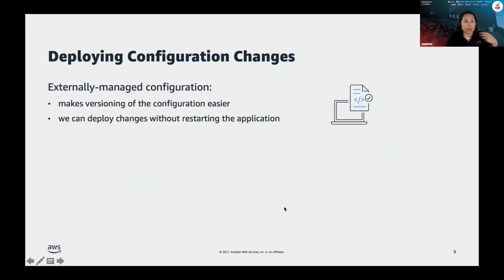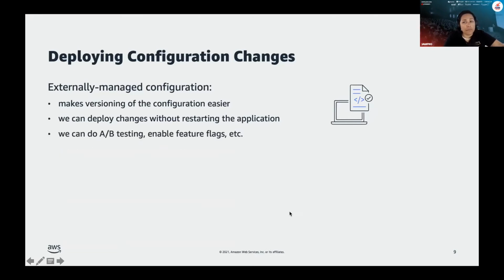We can make changes to our configuration whilst our application keeps running, and then simply deploy that configuration only, and have our applications pull that configuration, or push notifications to our application that configuration has changed while the application keeps on running.